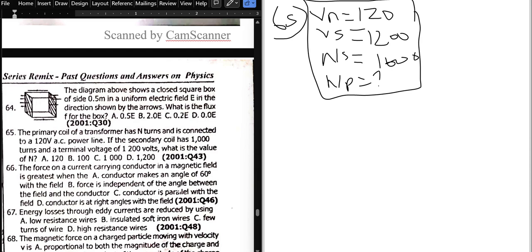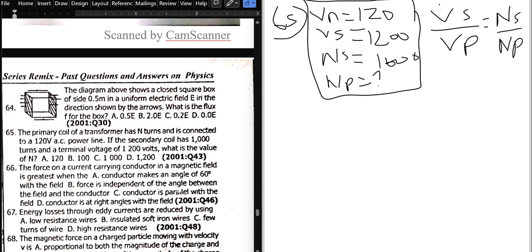So the formula to look for. Normally, the formula is secondary voltage over primary voltage is equal to secondary turn over primary turn.